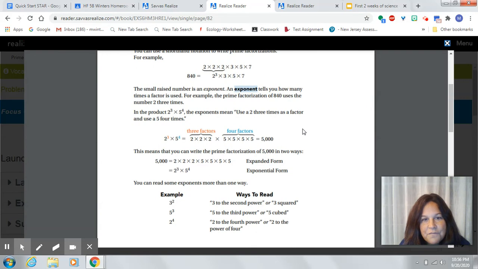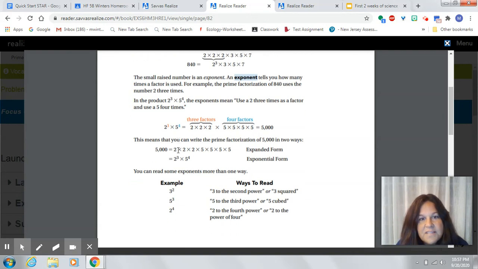You'll see that 2 to the third power times 5 to the fourth power is actually 2 times 2 times 2 times 5 times 5 times 5 times 5, which would give us 5,000. So we're looking at these exponents to see how many times each of those numbers shows up in that prime factorization.